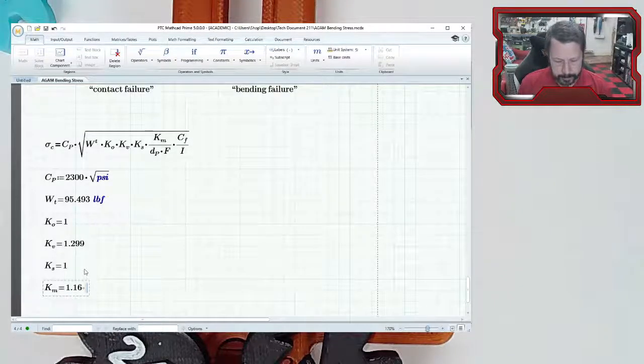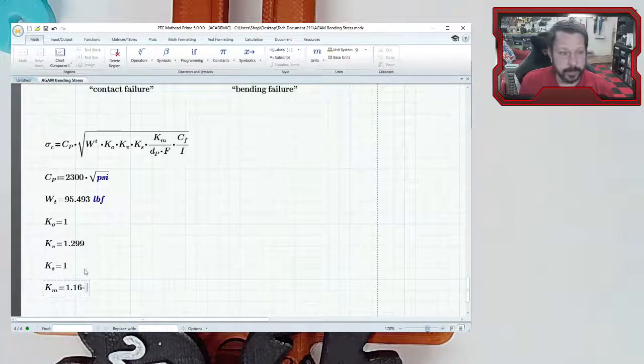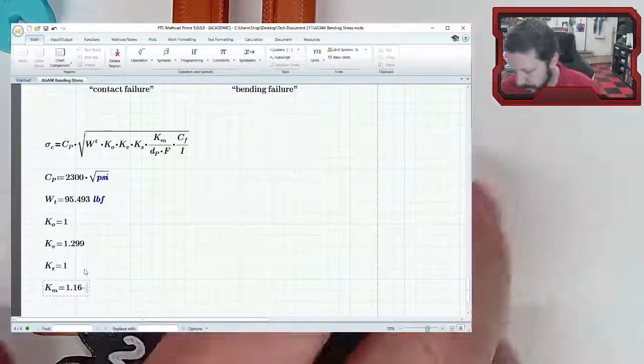So remember, a piece of it was the gear, or the pinion, whichever, mounted on a shaft between 2 supports. And the closer to the center of that span between the 2 supports, the less slope you're going to have on the gear teeth. So let me kind of describe that over here with some paper.